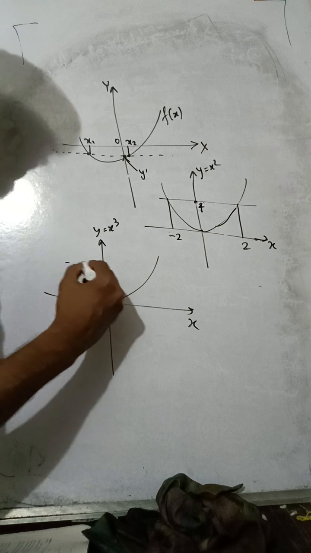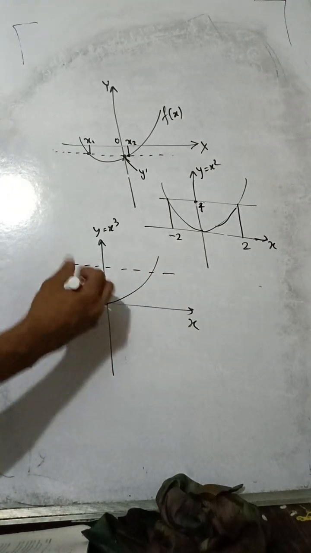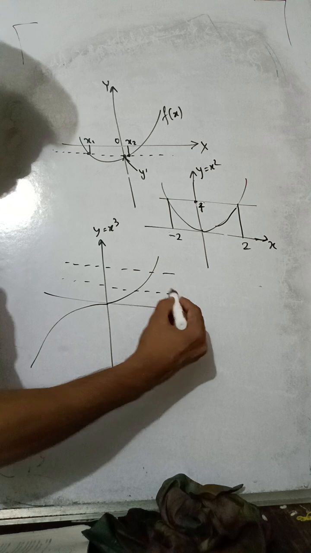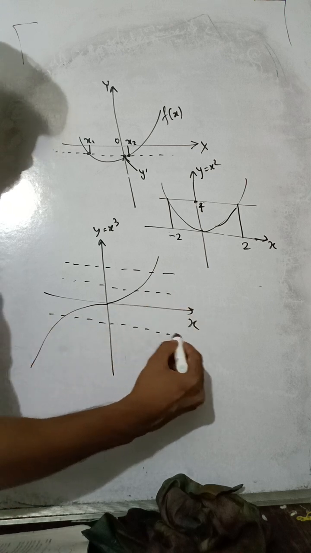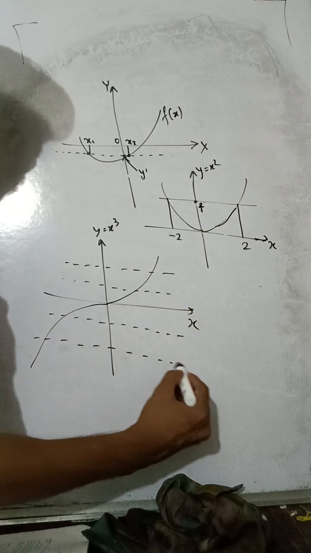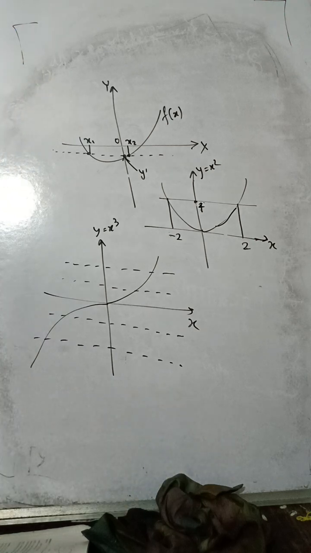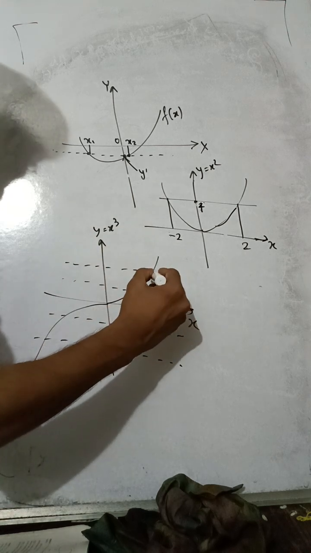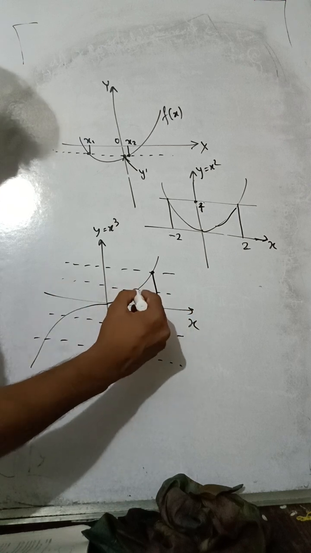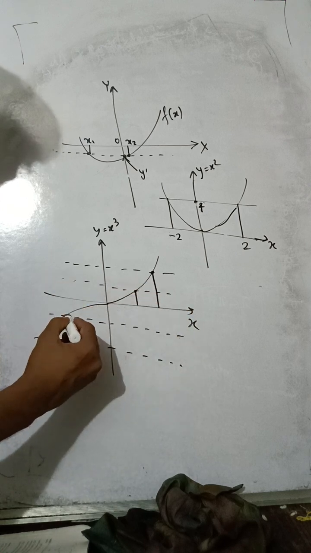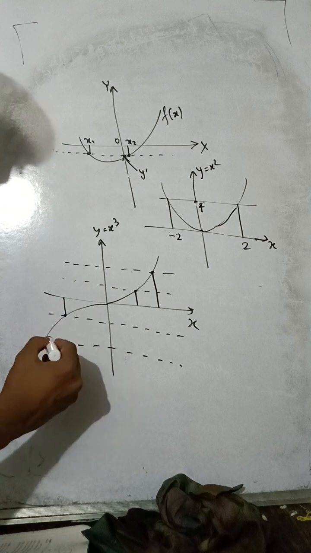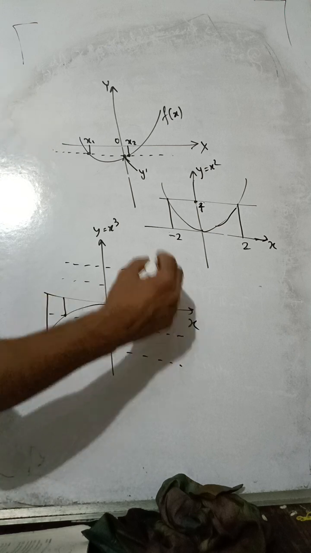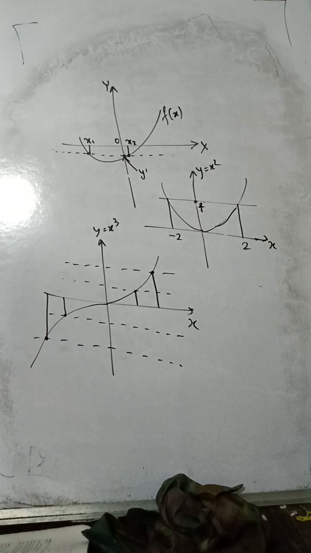Because you will never be able to draw a line parallel to the x-axis which finds two or multiple intersections on the graph. Look, this line has only one intersection. This line also has exactly one intersection. So every line which is parallel to the x-axis has exactly one intersection. This means this is a one-one function.